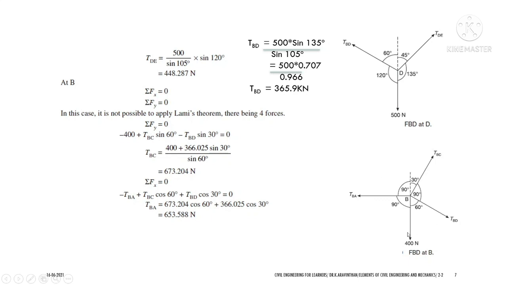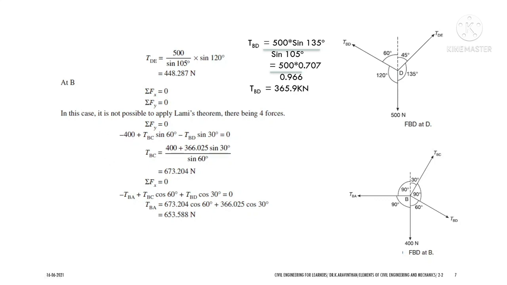If I resolve, it will go in the negative direction. And the next force is TBC, which after resolution, the angle from the horizontal plane will be 60 degree. So TBC sine 60 degree, which will be upward, so plus. Okay, and you are having a downward force which is 400 Newton. Minus 400 is applied here.